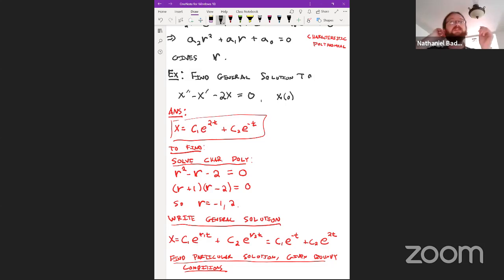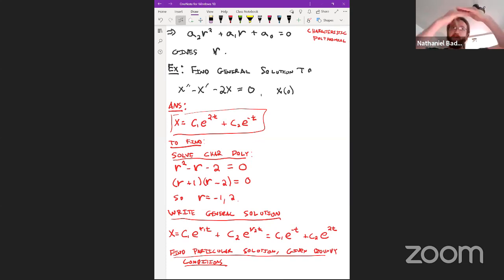It could also be fixed by saying x of 0 is one thing, and x of 1 is another thing, and x of 2, etc. But in general, for a degree n polynomial, just by the exact logic before, we can turn that into a system of n linear equations, which means we're going to have a sum of n exponentials, which means we're going to have n constants to fix. And so we're just going to need n pieces of information, n equalities about the values of the functions at certain points or the derivatives.